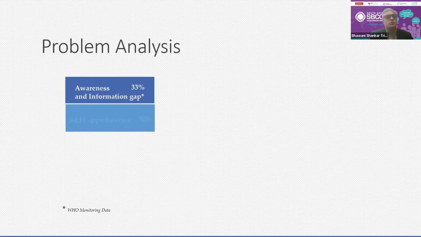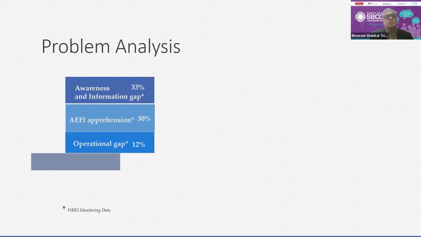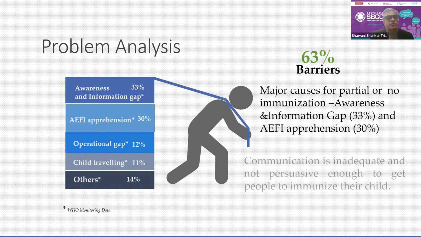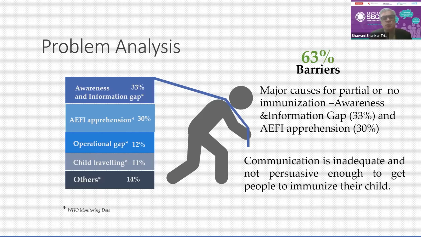So we'll look at the problem analysis based on survey data carried out by WHO. Now, presuming that information availability is sufficient, that's what exactly is thought, that if we inform people and make them aware about certain things, that should be sufficient to change behaviors and create demand for immunization.